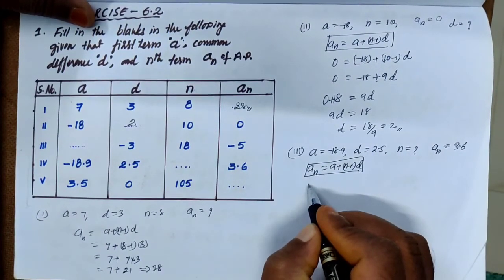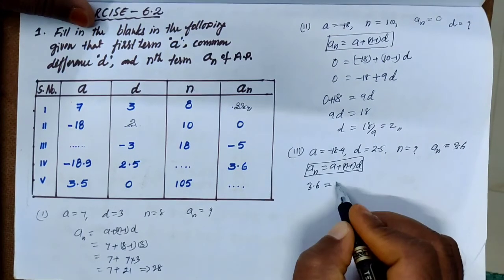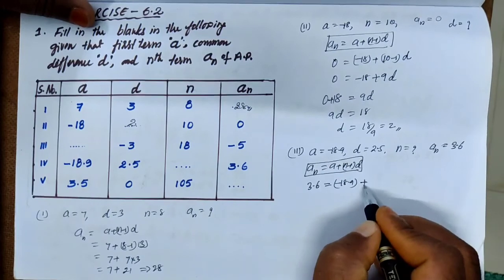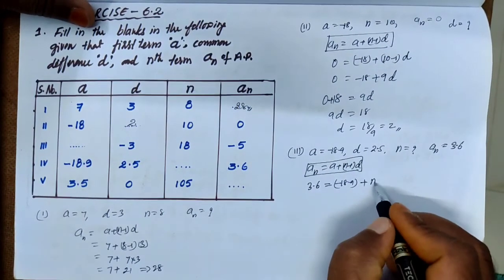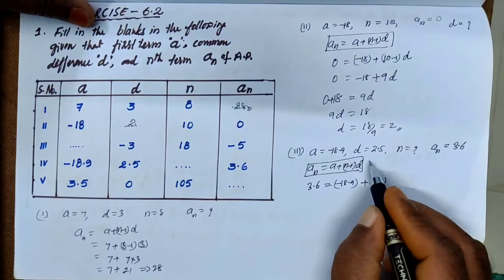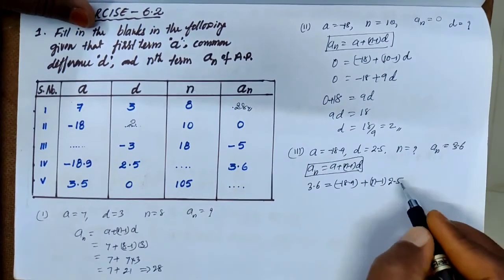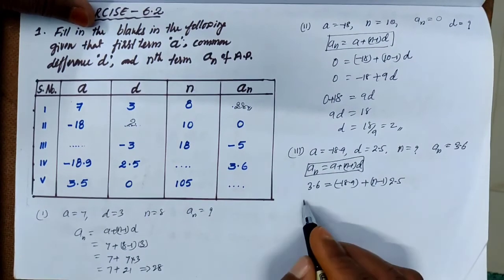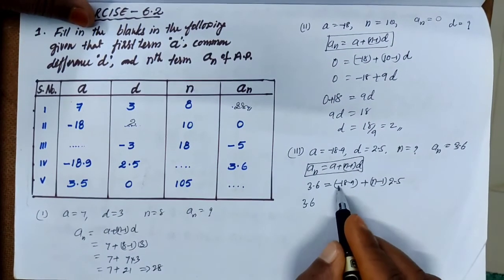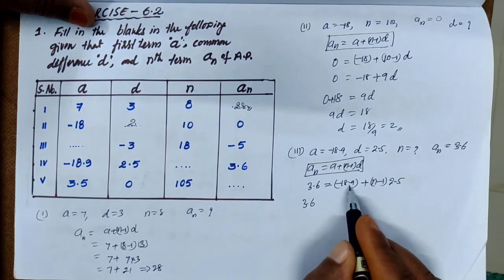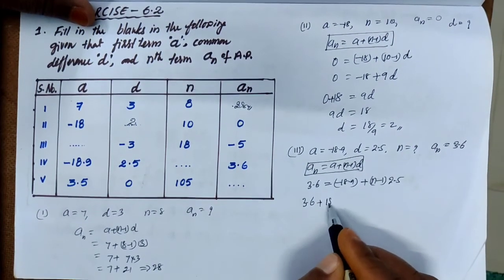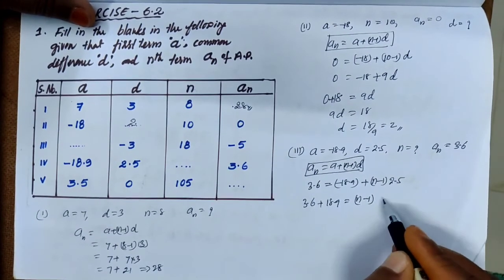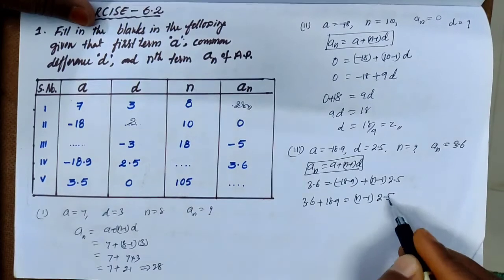So the nth term is 3.6, and the first term is minus 18.9 plus n minus 1, where n we don't know, and d is 2.5. Now transpose this to this side. So 3.6, plus 18.9 when you transpose, is equal to n minus 1 into 2.5.